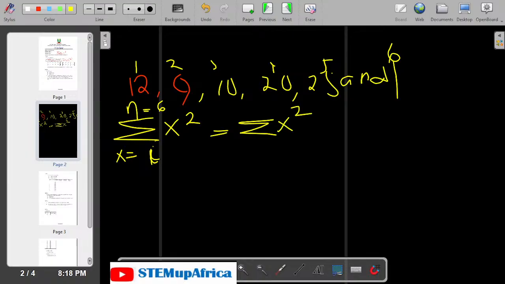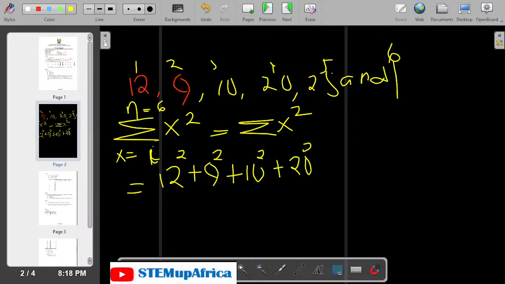It's the same thing, but it makes it more complete. So I will start with the first number: 12 squared plus 9 squared plus 10 squared plus 20 squared plus 25 squared plus 1 squared. This is now our summation x squared.